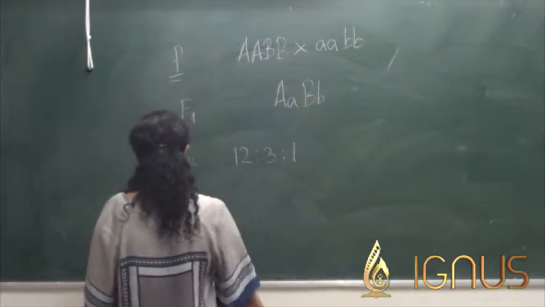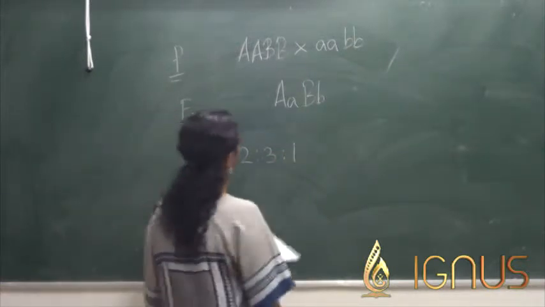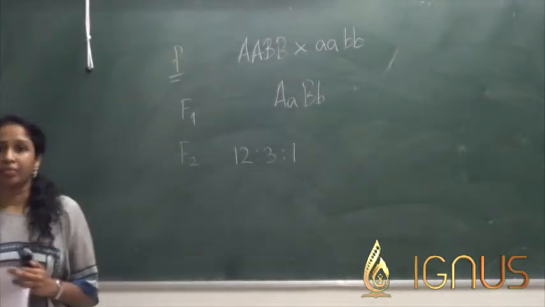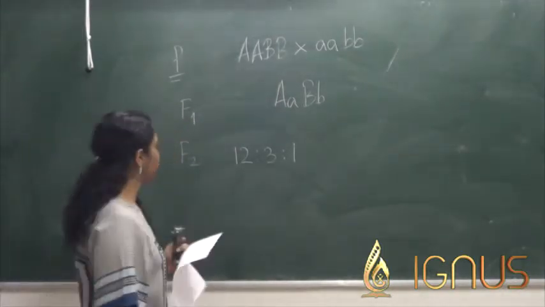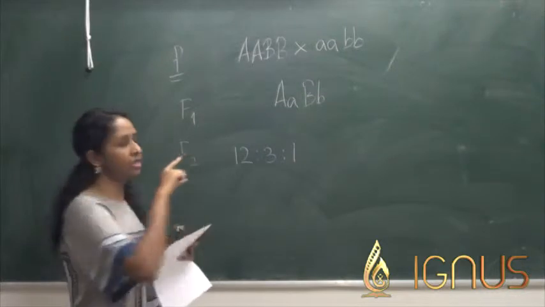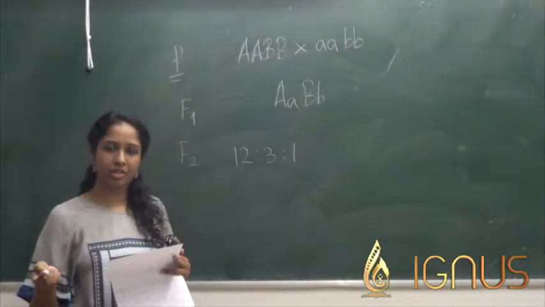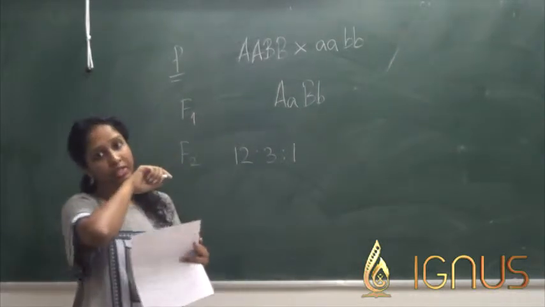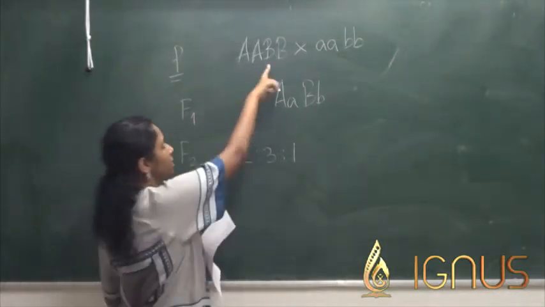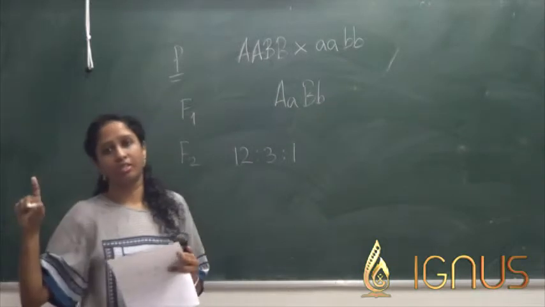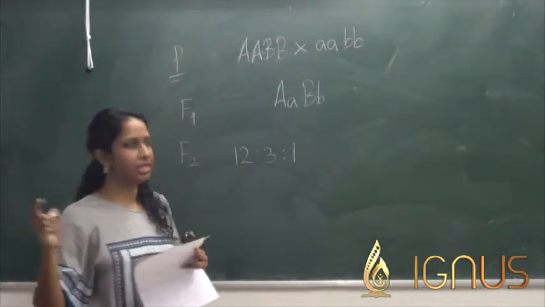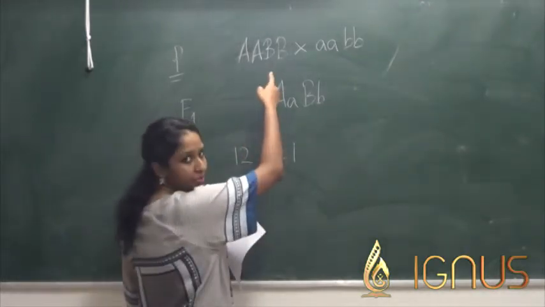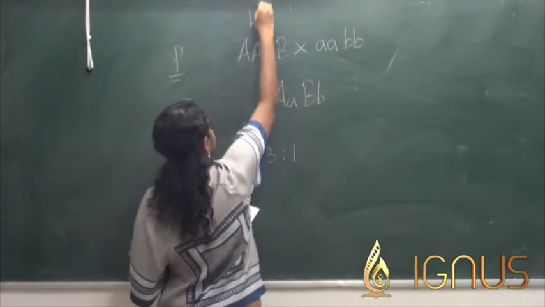Okay, if you're going to do crossing, then you're going to take parents which are homozygous dominant and homozygous recessive. Now, if you're taking a homozygous dominant parent, because the gene B is in a homozygous dominant state, the color of this parent would be white.